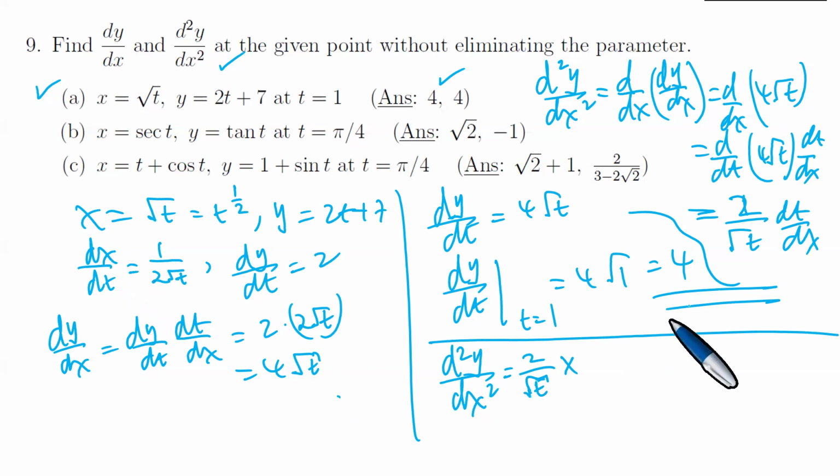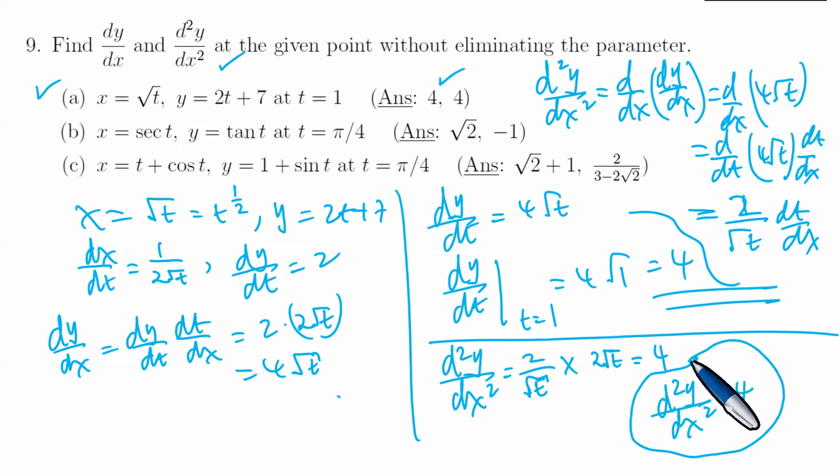Right, so you have this, and then it's 2 over the square root of t, then dt/dx. dt/dx would be 2 square root of t. So now you have 2 times 2, which is 4. d squared y over dx squared is 4, because the square root of t cancels the square root of t.